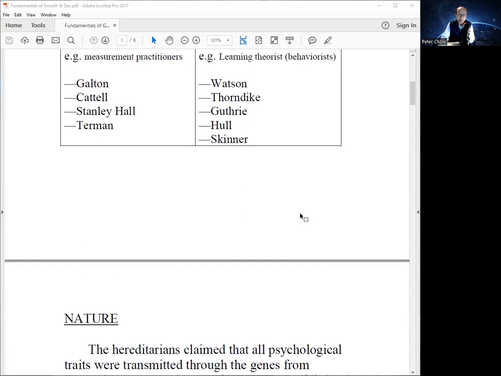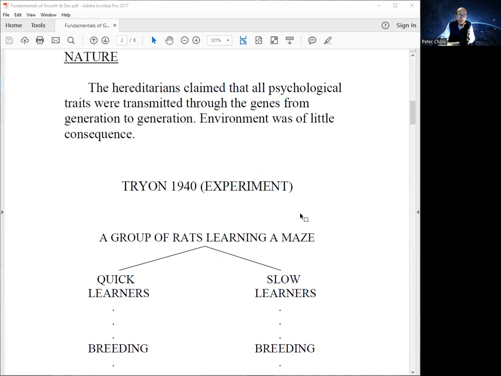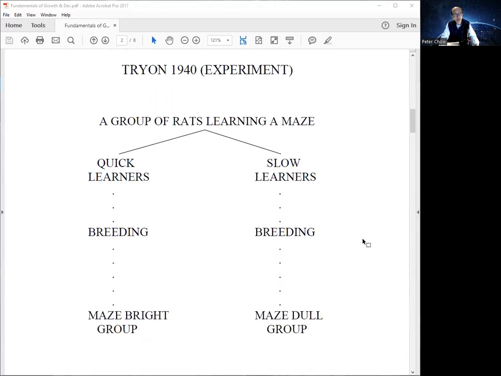Now, take a look at the example put forward by the nature side. The hereditarians claim that all psychological traits were transmitted through the genes from generation to generation. Environment was of little consequence. So they put forward Tryon's 1940 experiment.